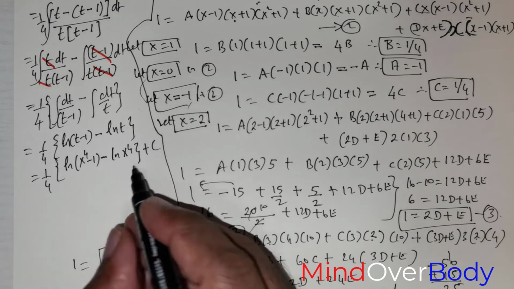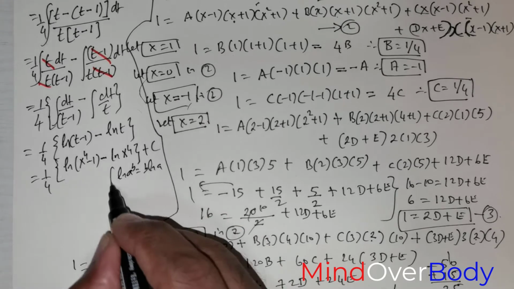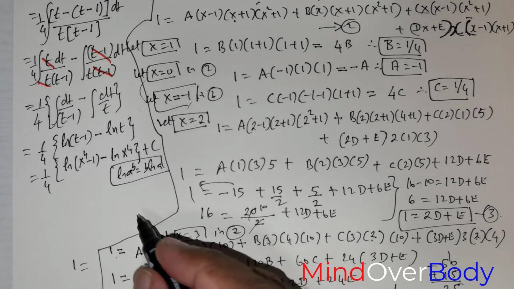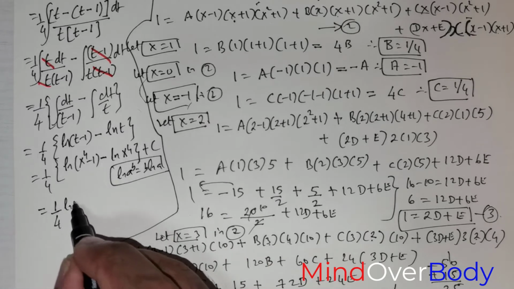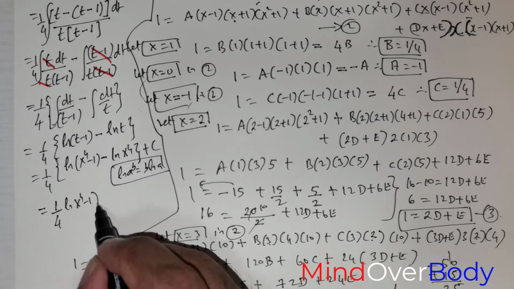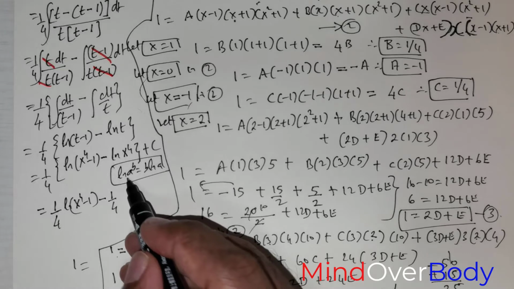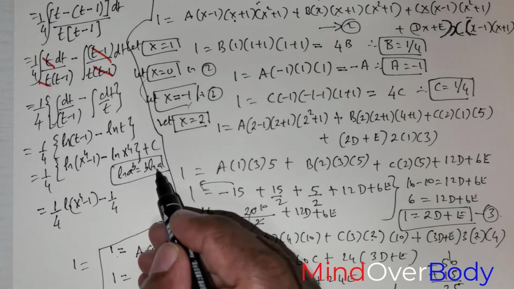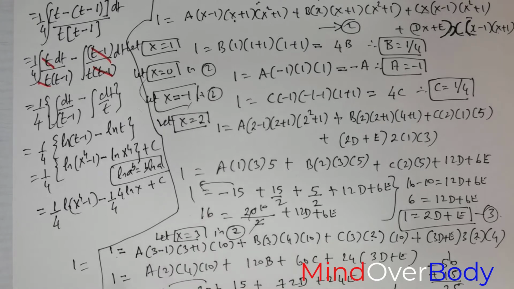Because if I were to use ln a raised to the power of b is equal to b times ln a, this is equal to 1 over 4 times ln x to the power 4 minus 1, followed by minus 1 over 4 times ln of a raised to the power of b, which is nothing but b times ln a. So it's going to be 4 times ln x plus an arbitrary constant.